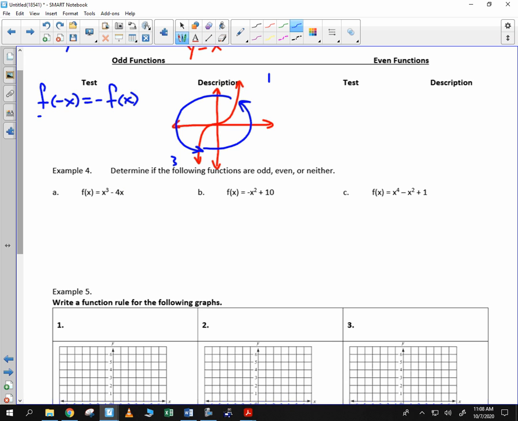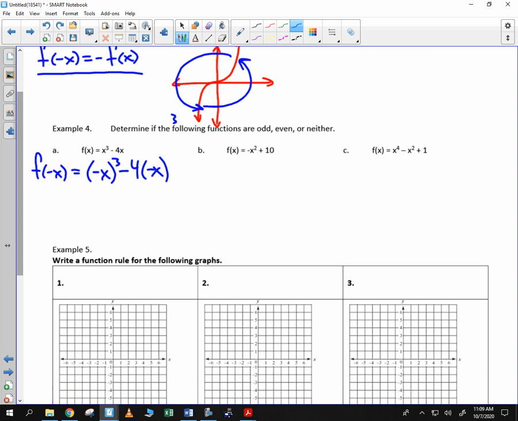And what we do is we use this. We do f of negative x. And what we get is, if you plug in a negative x and cube it, and then minus 4 times negative x. We plug in a negative x, and let's see what result we get. Negative x cubed is simply negative x cubed, and then plus 4x. Is that the same as what we started with?